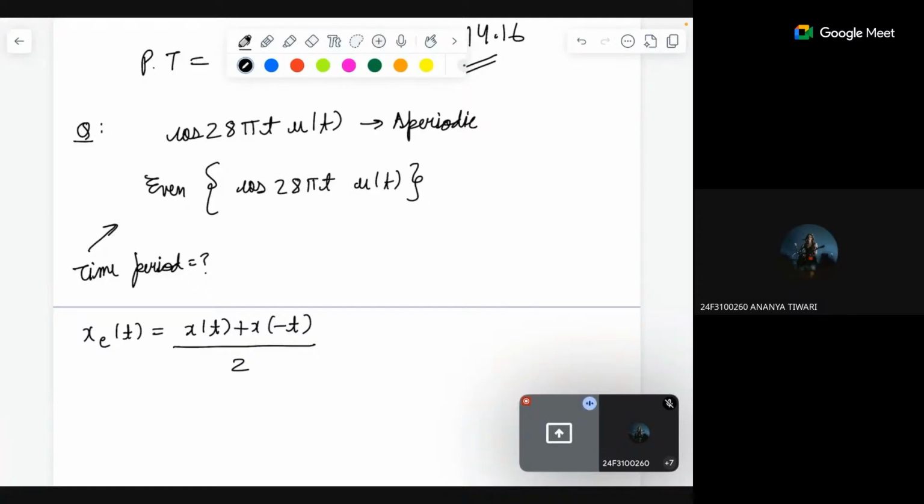This is the formula to calculate the even part of a signal. Once you're done, please unmute and speak your answer.